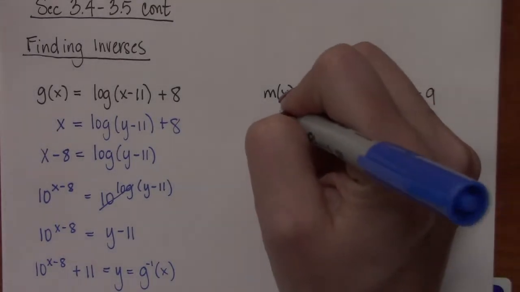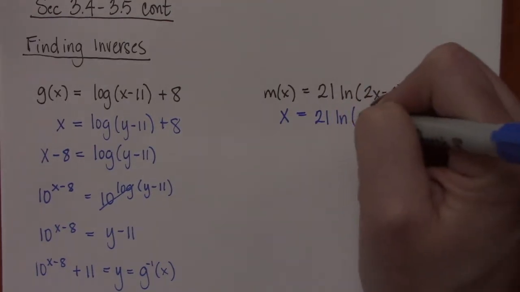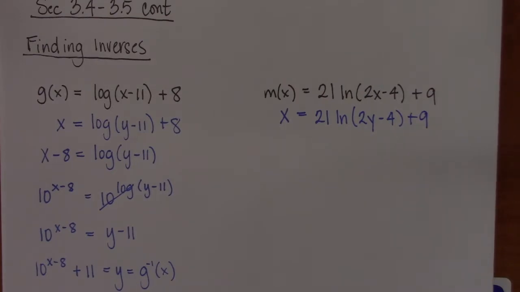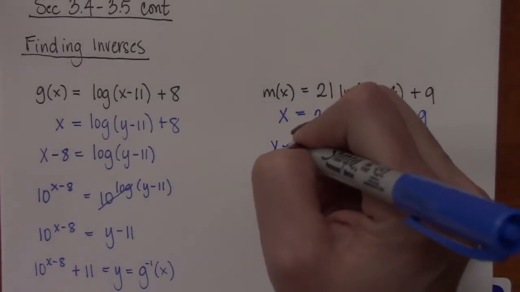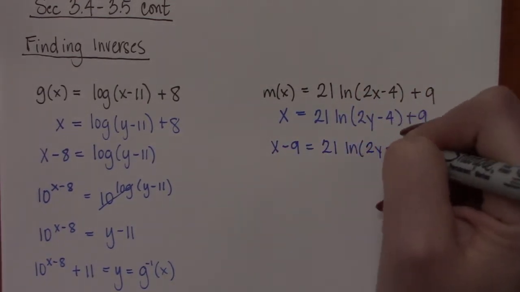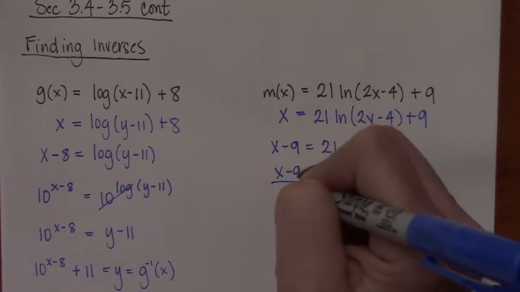We're simply going to rewrite the equation, flipping the x's and y's. And then we're going to solve this for y. So I definitely need to subtract the 9 first. If I try to divide by the 21, then I have to divide the whole thing by 21. So we're going to subtract 9 from both sides. And then I can divide both sides by 21.